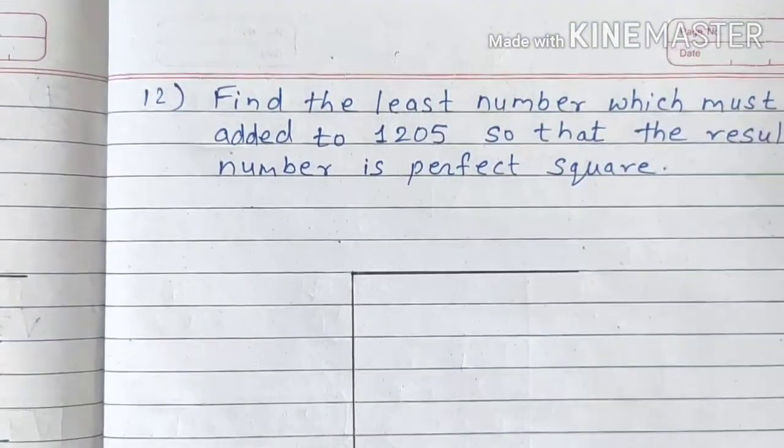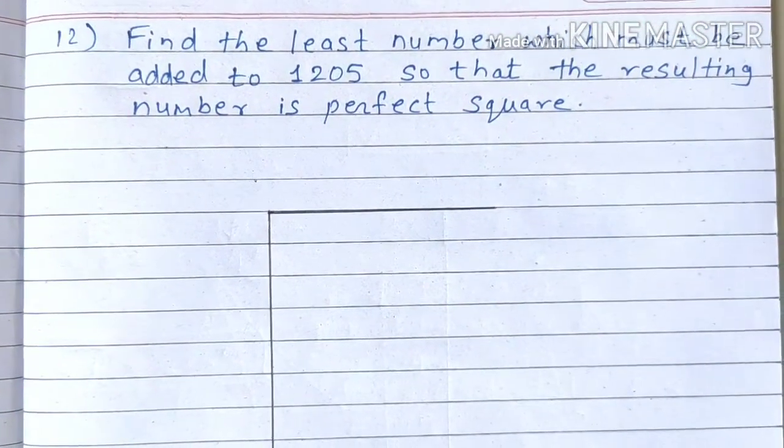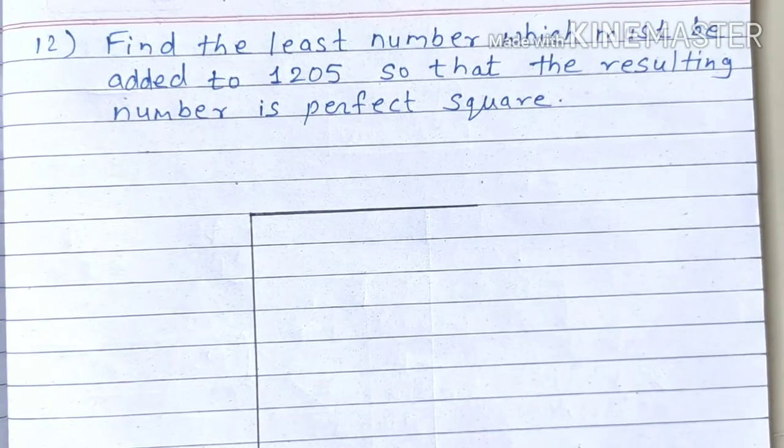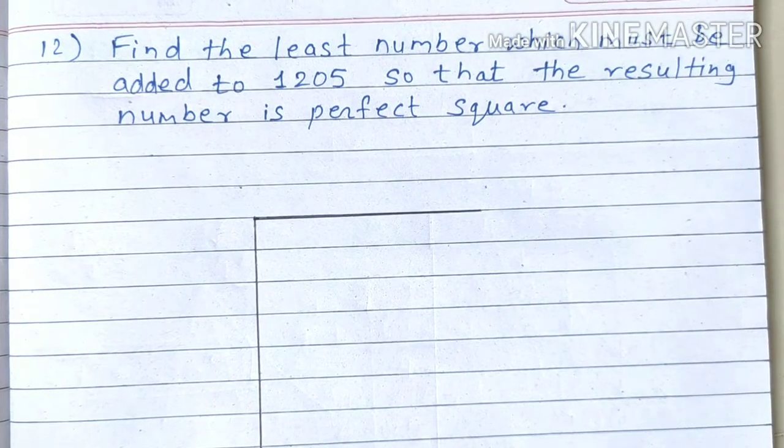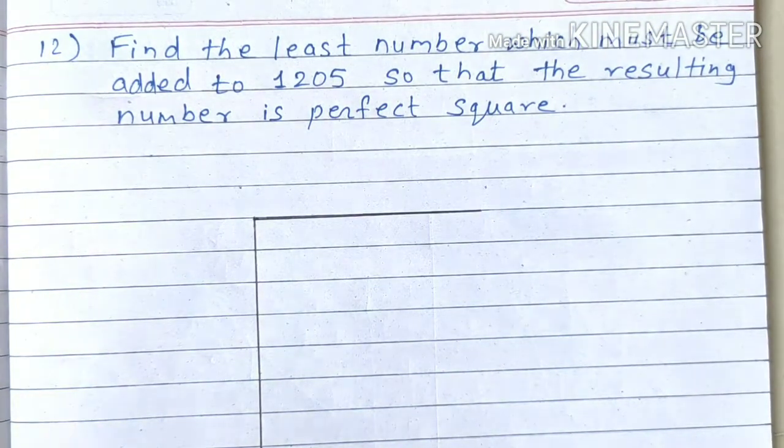Then question number 12. Question number 12, what is it? Find the least number which must be added to 1205 so that the resulting number is a perfect square.